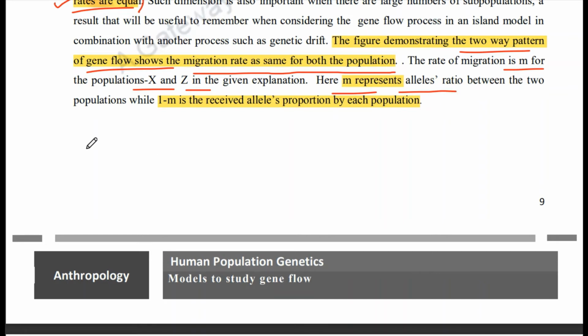Here m represents the allele ratio between both the populations. Like in the previous model, where m was the alleles from the island population to the mainland population, here m is going to be represented by the ratio of population X divided by population Z if you are talking about migration rate towards X. 1 minus m therefore becomes the received allele proportions by each population.